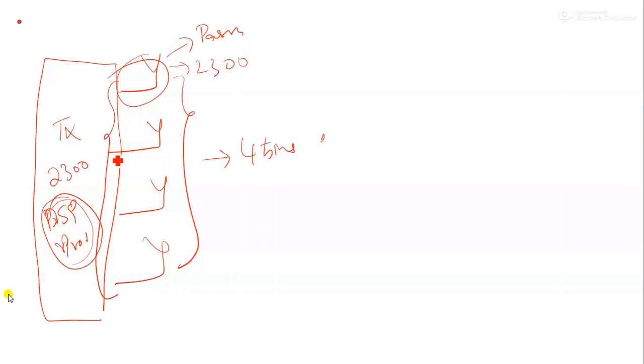So this separation is in the polarization, right? Yes. In that case, we can have the same frequencies. You're getting my point now. If you look at the physical structure of an antenna, inside it we have these antenna elements. Typically, these antenna elements have a 45 degree polarization, which takes care of this interference management.